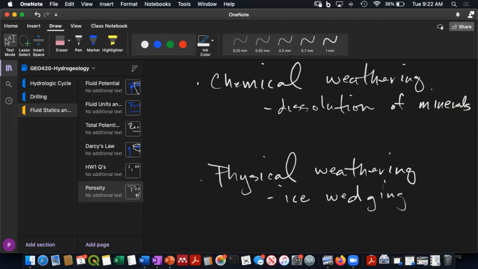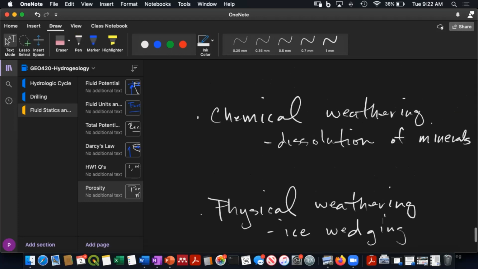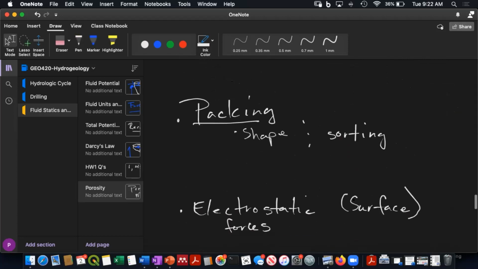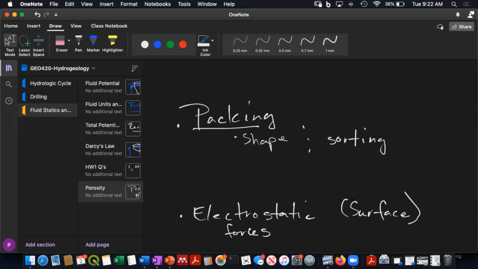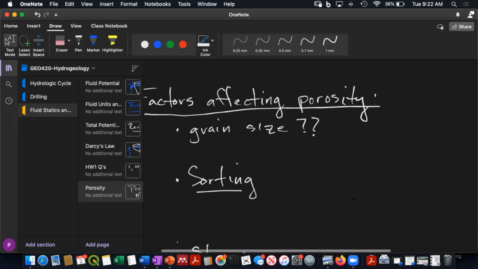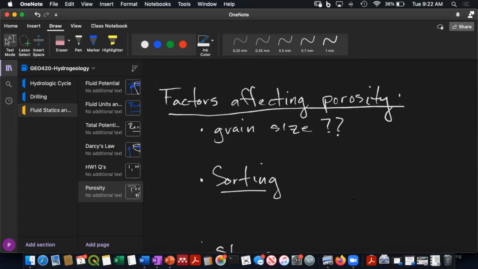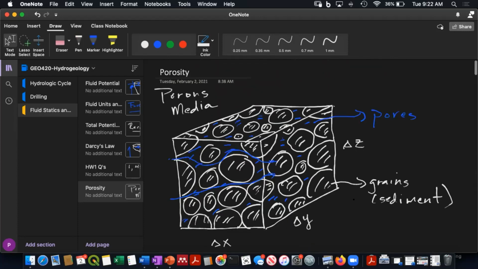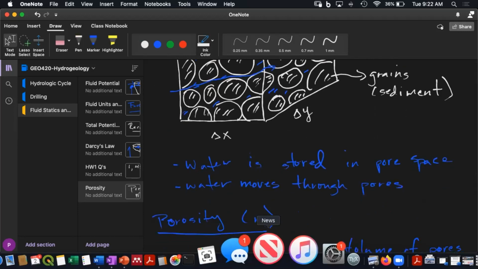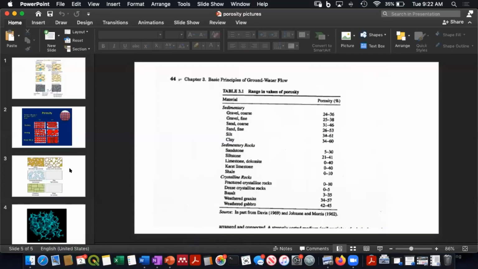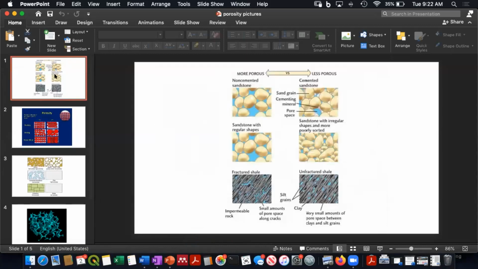So I've got a few things to show, just some examples of how these different factors affect porosity. And then I want to get to thinking about values of porosity.